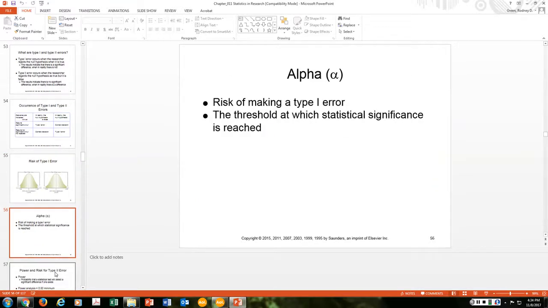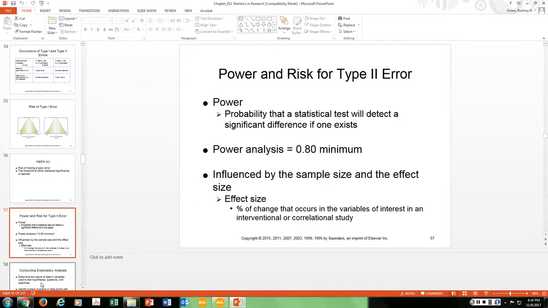The risk of making a type 1 error. The threshold at which a statistical significance is reached is your alpha. The terms power and effect size. Power and the risk for a type 2 error. Power is the probability that a statistical test will detect a significant difference if one exists.